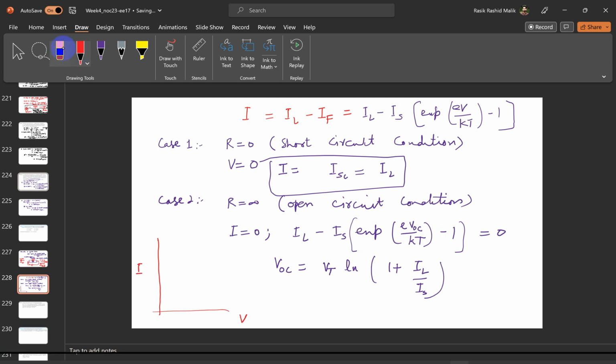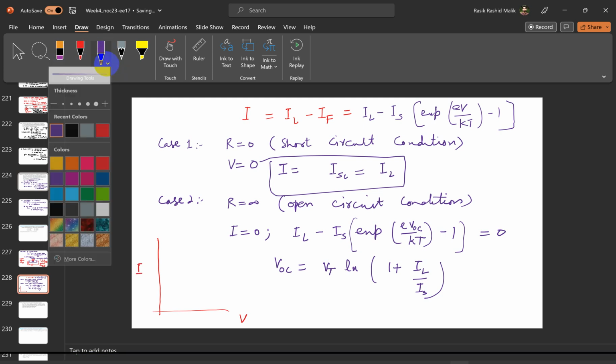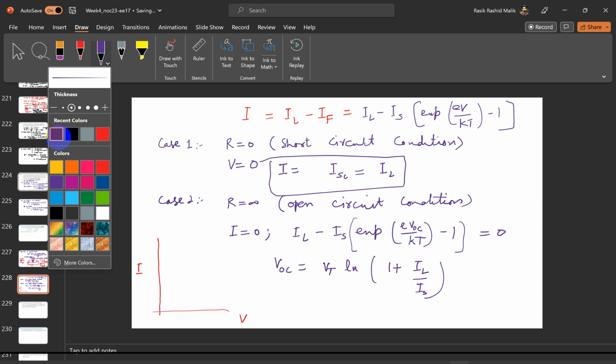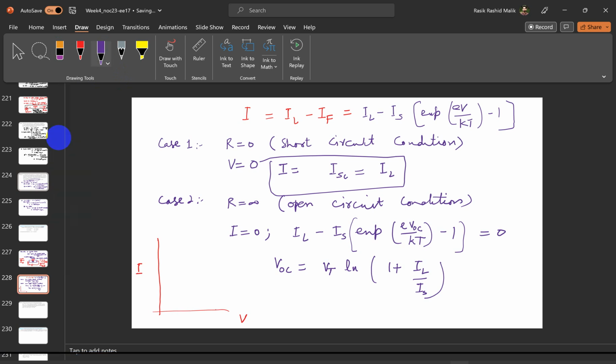So we have the two limiting cases now. When current is 0, the voltage is the highest voltage, the open circuit voltage, and when the voltage is 0, for the short circuit condition, we will have a negative current called the short circuit current.